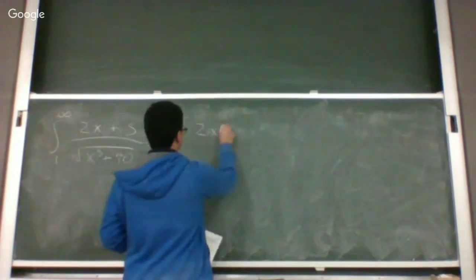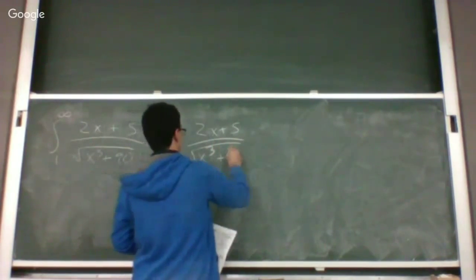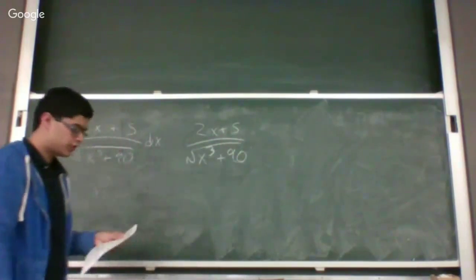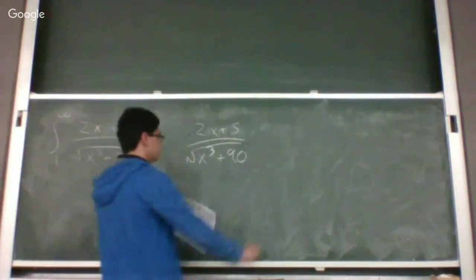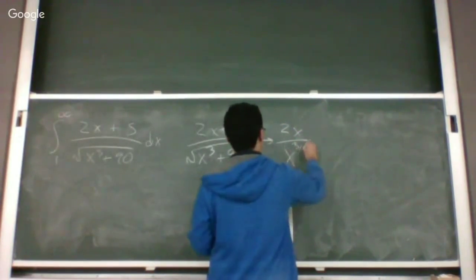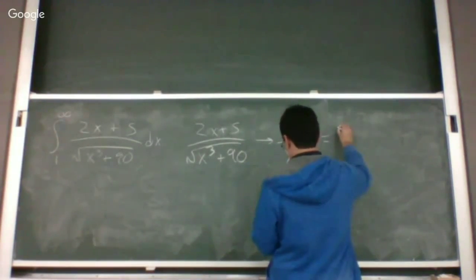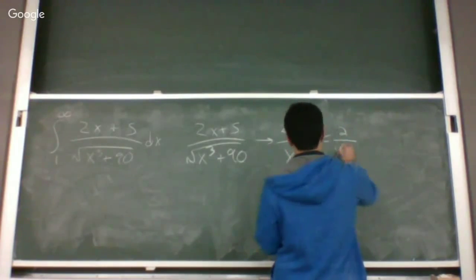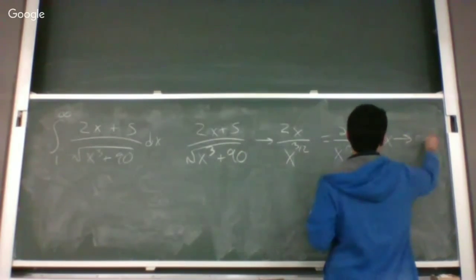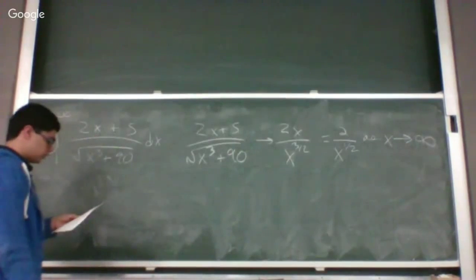The 5 and the 90 don't do anything as x approaches infinity. So the only things that matter are 2x divided by x to the 3/2. This can be made as 2 over x to the 1/2 as x approaches infinity. That would now be our g of x.